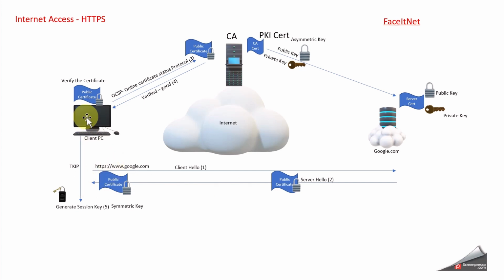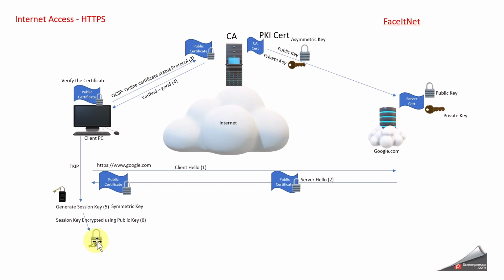So now the client computer has verified the key and has created a new pair of keys. What it is going to do is put the newly generated key inside the public certificate, the public key it received, as an encapsulated one.